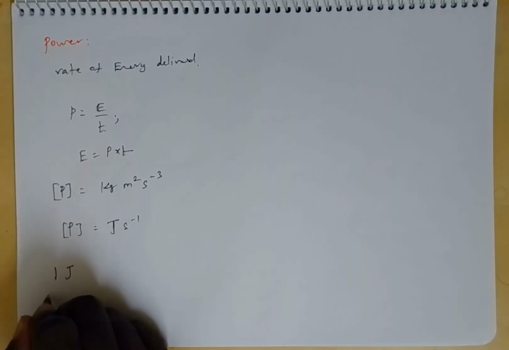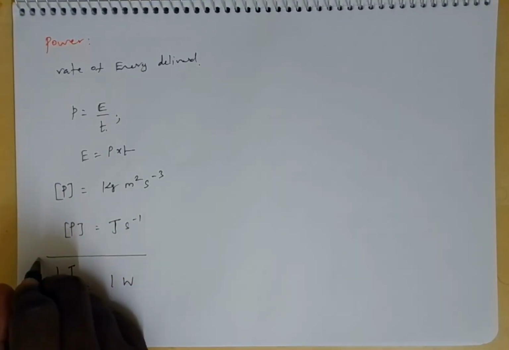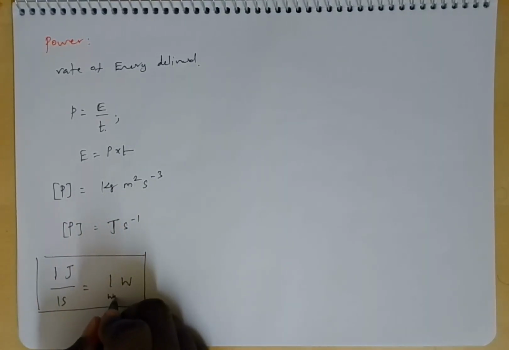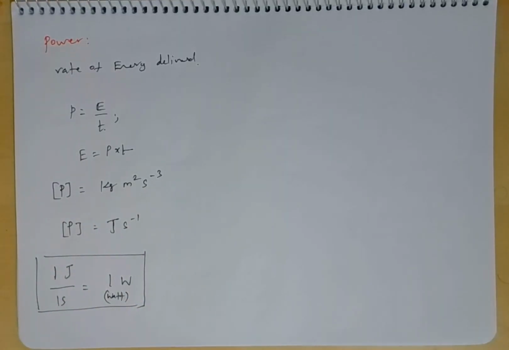So 1 joule per 1 second is what we call 1 watt. What is 1 watt? 1 joule is given every second. If 10 watt, it means 10 joule is given every second. 100 watt means 100 joule given every second.